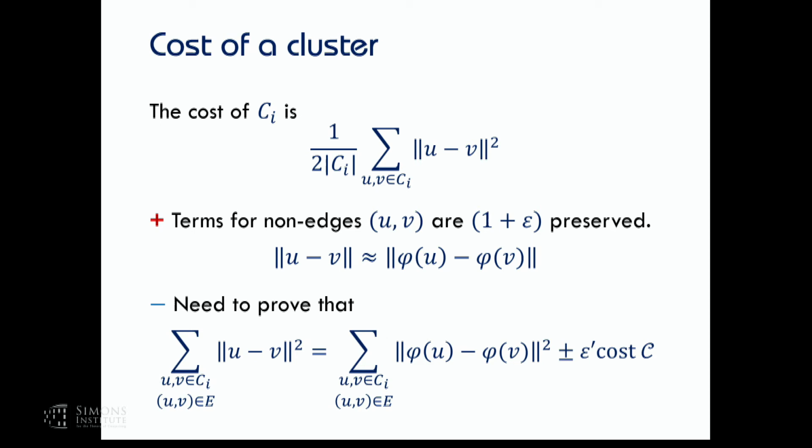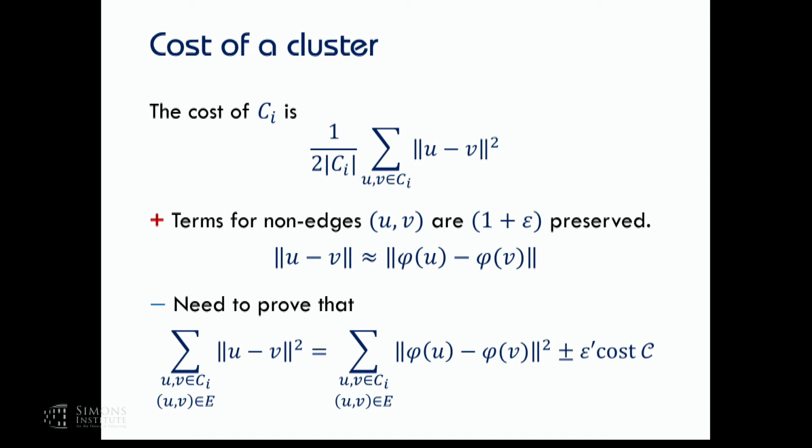And what we need to do is take care of the terms for the edges, for the distorted distances. What we are going to prove is that if we add up all these terms over edges in the original instance and in the projected instance, then they differ by at most some epsilon prime times the cost of the clustering C. And epsilon prime here will be pretty small, maybe of order epsilon over k.